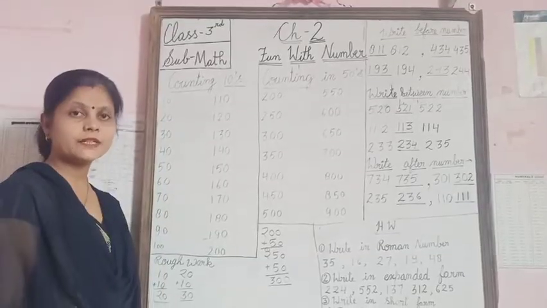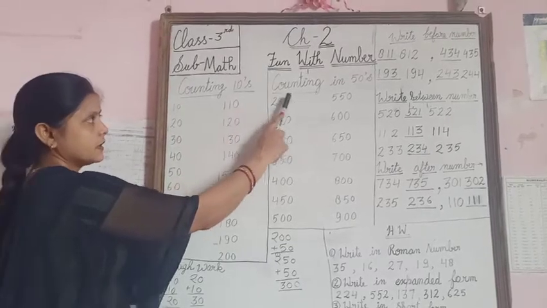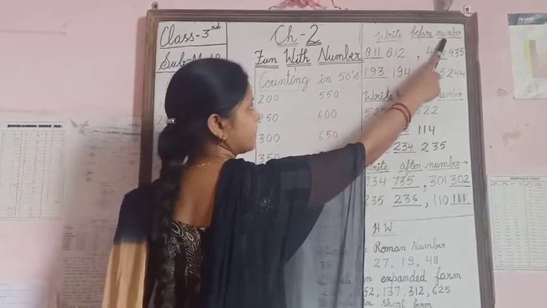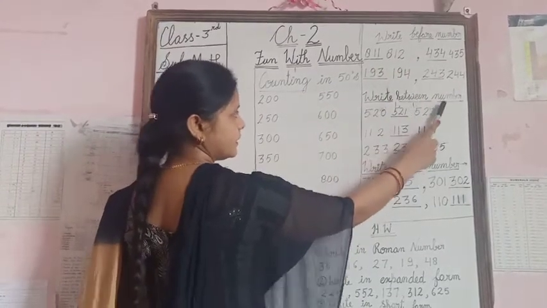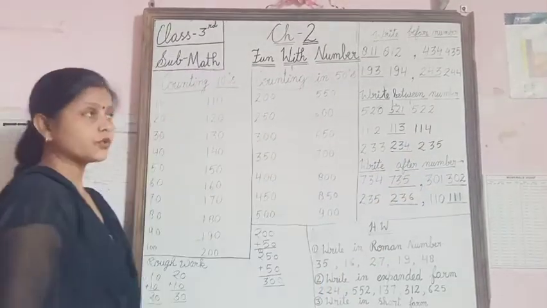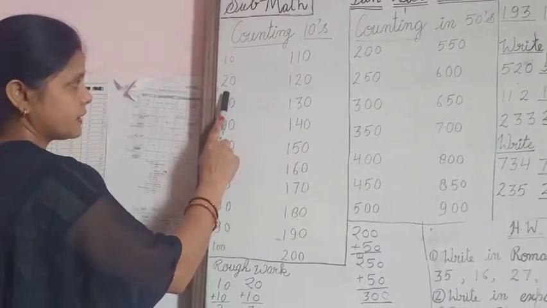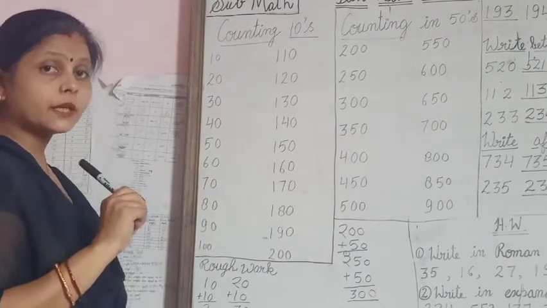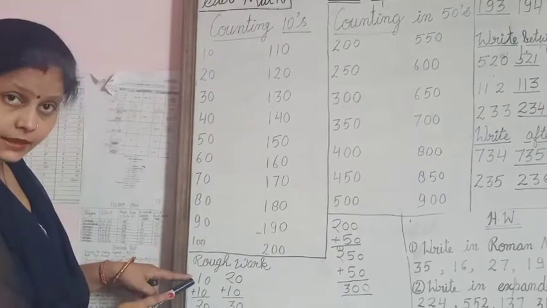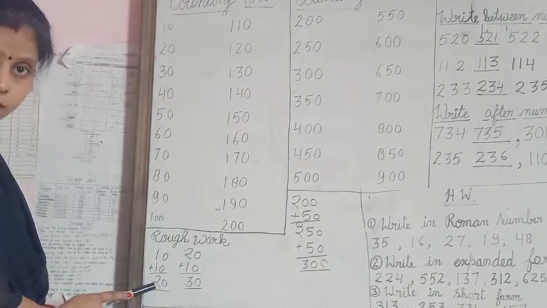Students, this time we will learn counting in tens and counting in fifties. Write the before number, write the between number, and write the after number. If you count in tens, 10 is here, 20, 30. How do you get it? If you add 10 to 10, you get 20.